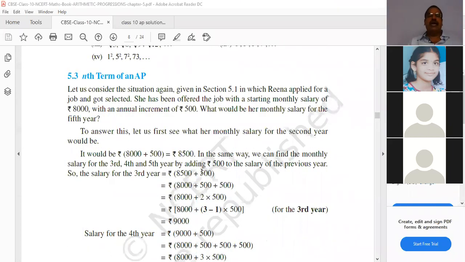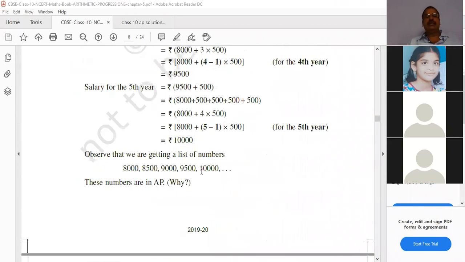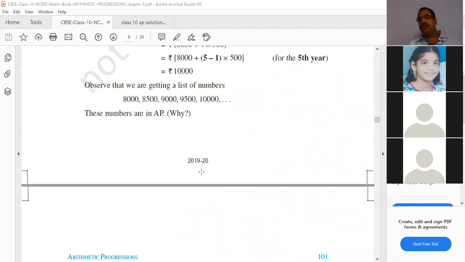Now we are entering into the nth term of an AP. The formula is a_n equals a plus (n minus 1) d. That means a is the first term, d is the common difference, n is the number of terms.